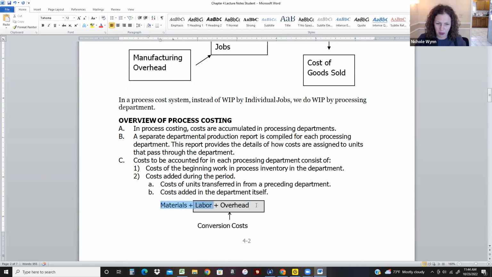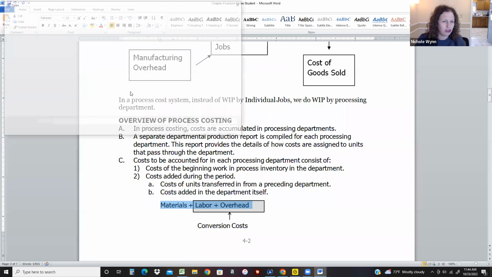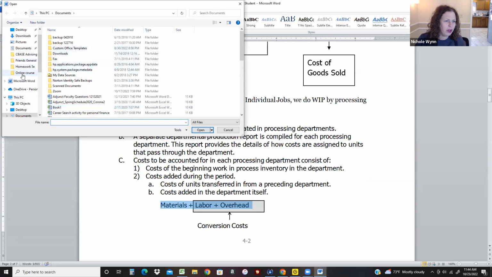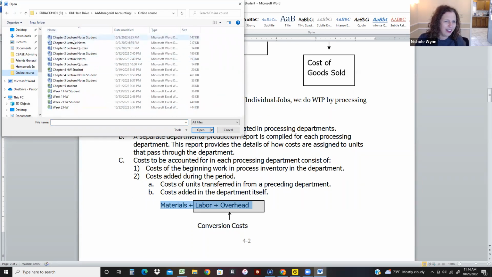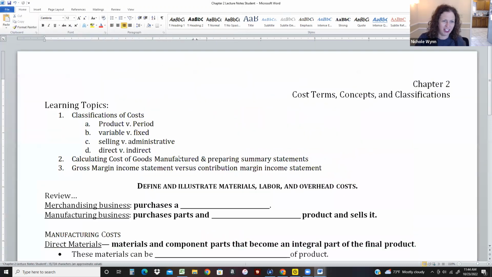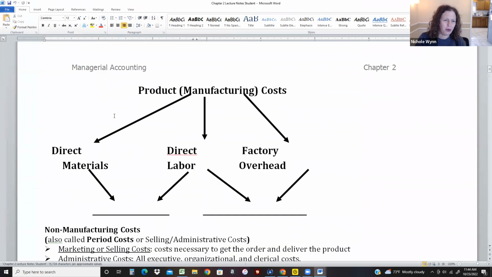So when you did your chapter 3 homework, you did the total manufacturing costs, which are material, labor, and overhead. But we learned in our very first chapter that labor and overhead combined are called conversion costs. This was back in our very first week. In this chapter, on the second page, we did direct material and direct labor combined, which were called prime costs.